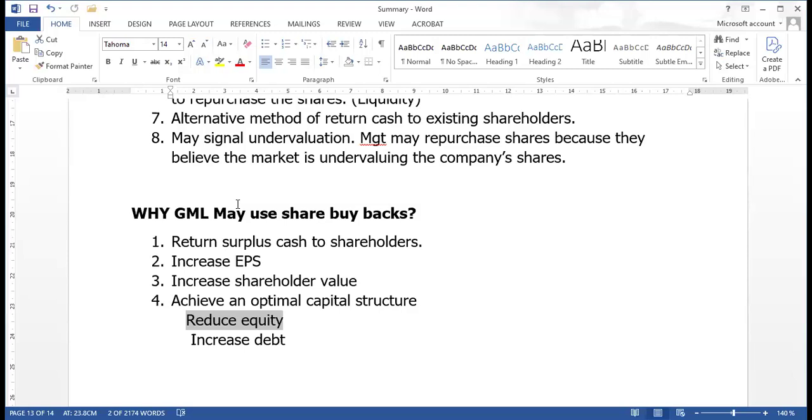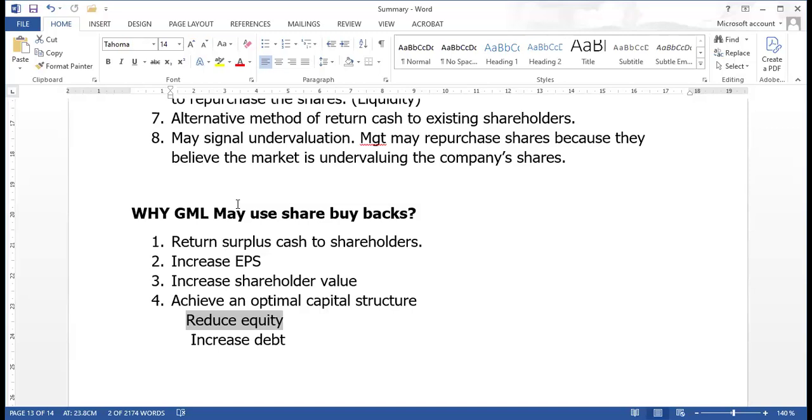Because if you're using debt in your business, it means that you're claiming the interest on debt. In your tax computation, there is that expense. But someone who is using equity can't put dividends under expenses. So it means that their taxes are high compared to someone who is using debt.